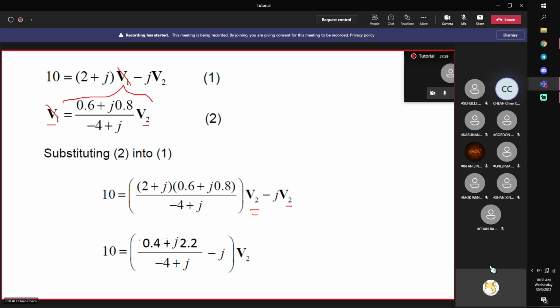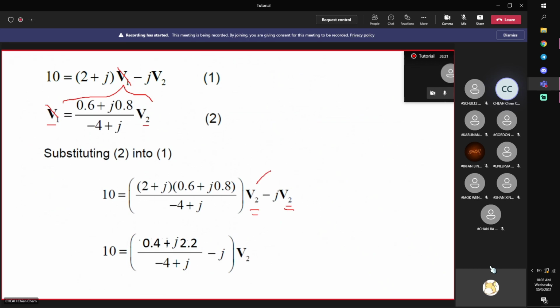Then you see your equation only has V2, because you substitute one variable by the other variable. Therefore, there's only V2 because we want to solve for V2. If you want to solve for V1, then do the other way around. But here we want to solve for V2. The rest is to do it carefully.